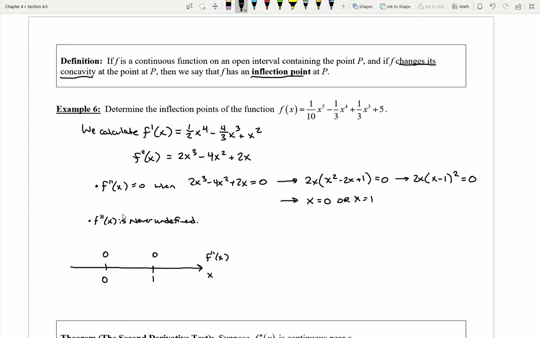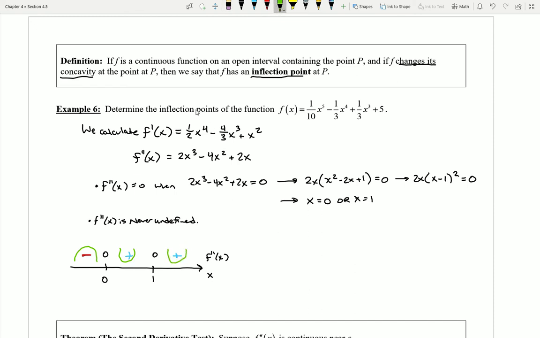So if I plug in a negative number, I'm going to notice here that I get negative, concave down. If I plug in something like a 1/2, I'm definitely going to get a positive. And if I plug in something like a 10, I also get positive. So keep in mind, this is not telling me where the graph is increasing or decreasing. It's telling me, because it's second derivative, where the graph is concave up and where it is concave down. So I have things that look like this.